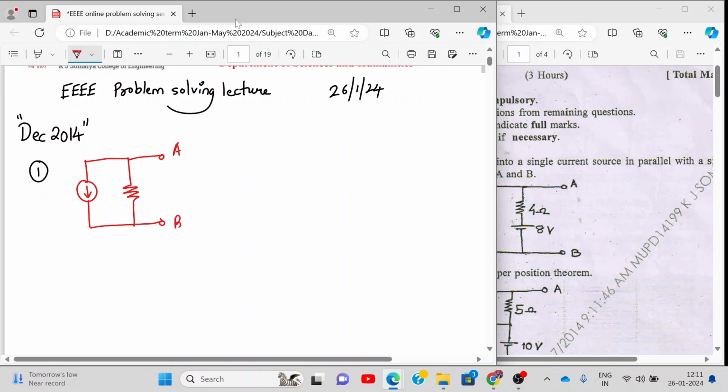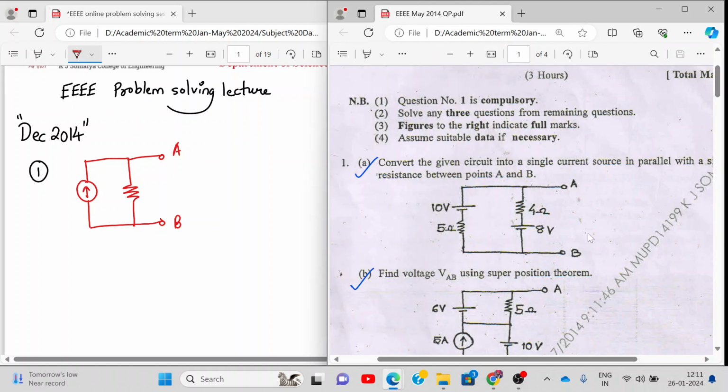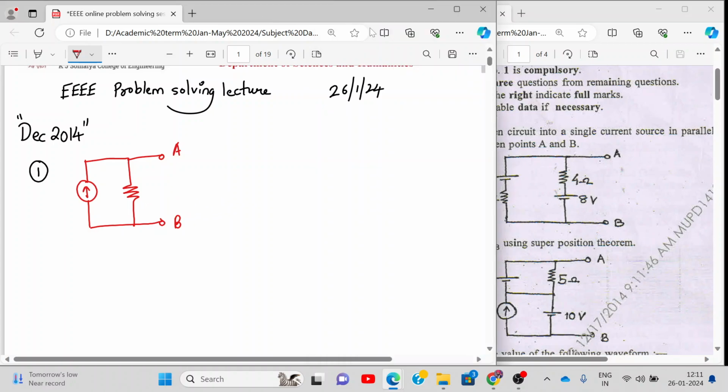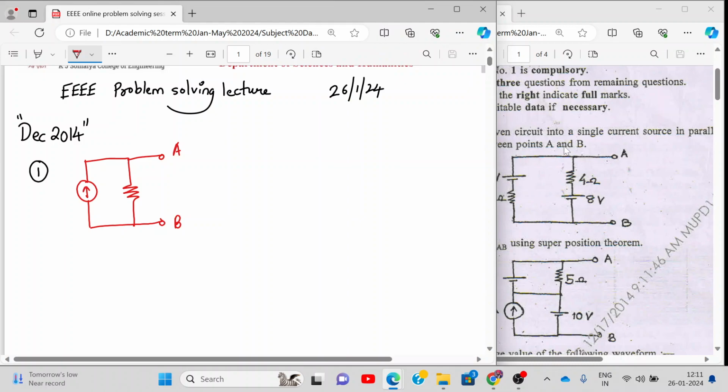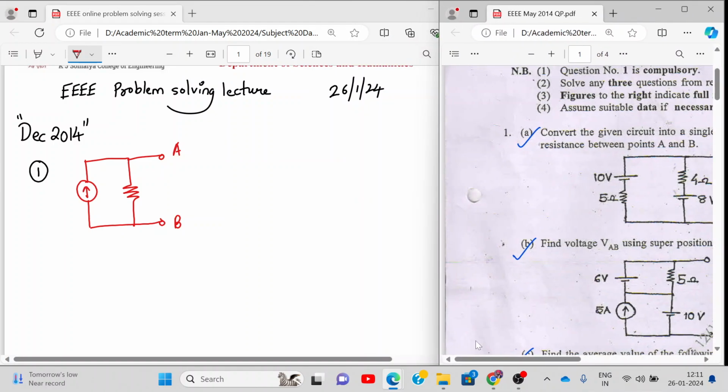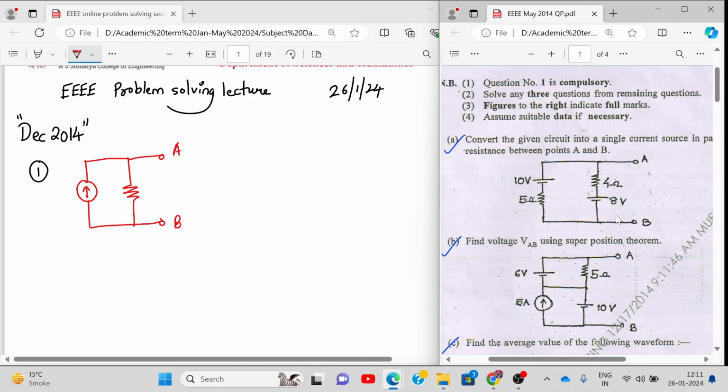So it's a problem for source transformation, right? We want to convert the circuit given over here into this circuit. So can we start? Anyone, any ideas how to proceed forward? Any suggestions?